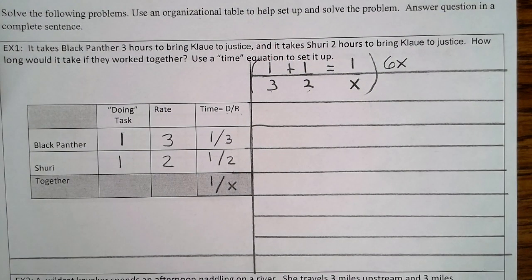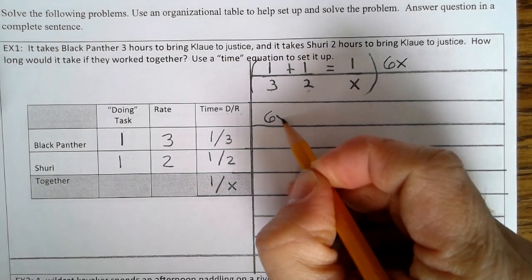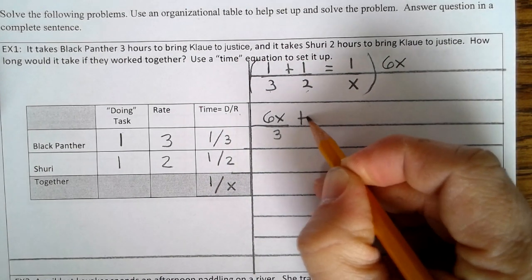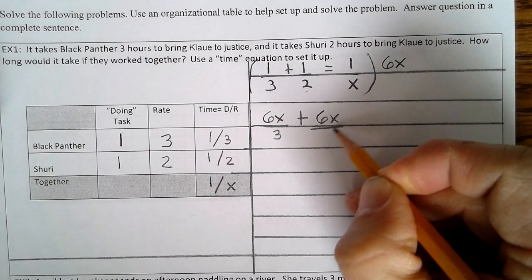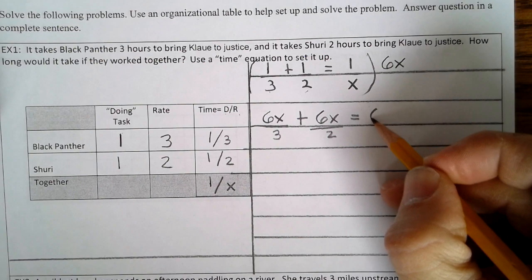Okay, so multiply 6x times 1/3 is 6x divided by 3, plus 6x times 1/2 is 6x divided by 2, and 6x times 1 divided by x is 6x divided by x.